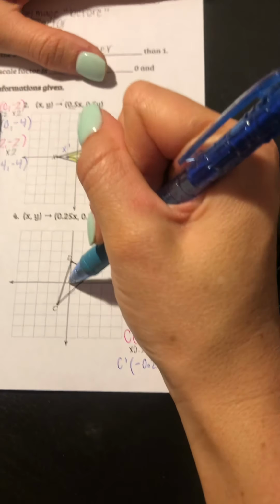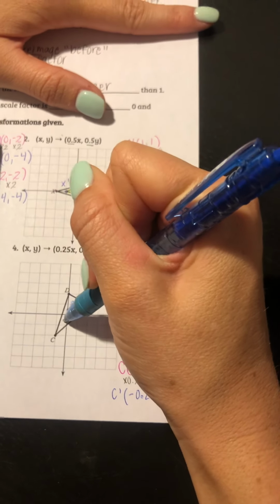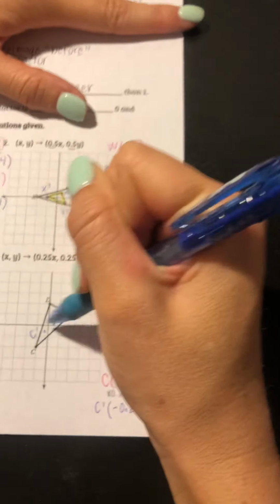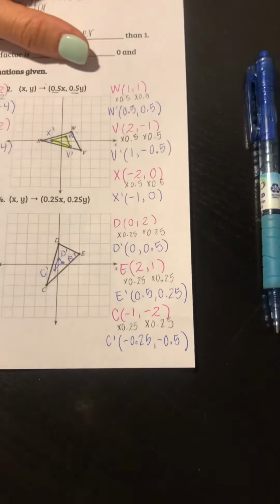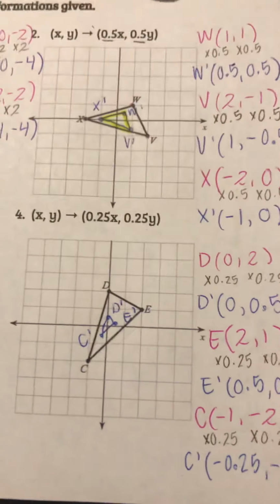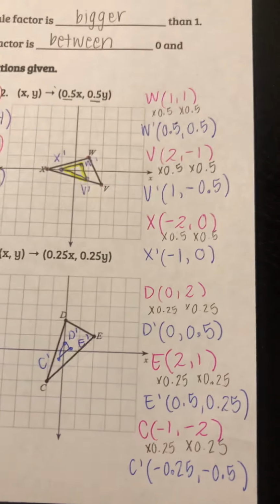So -0.25, super tiny. And that's C prime. So you should have like a super tiny little triangle in the middle. And so now you just took this triangle and shrunk it into a fourth.